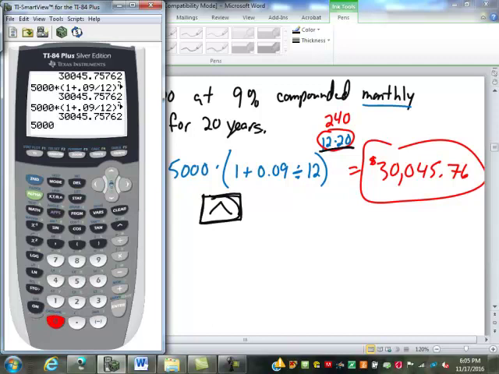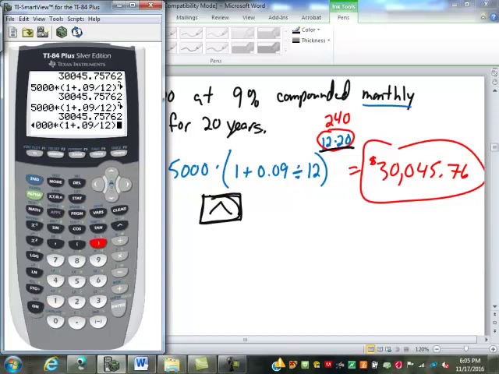5,000 times, open parentheses, .09. I'm sorry, never mind. Let me back that up. Let's start all over again since I screwed up. 5,000 times, open parentheses, 1 plus 0.09 divided by 12, close parentheses.